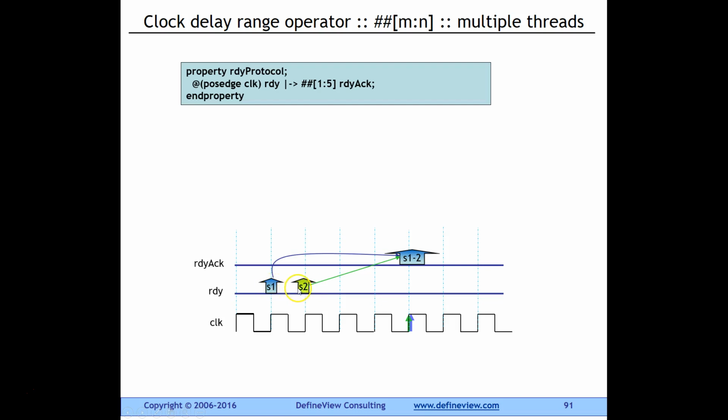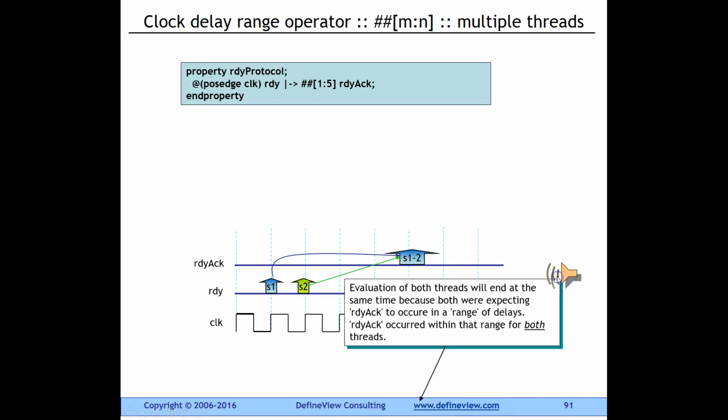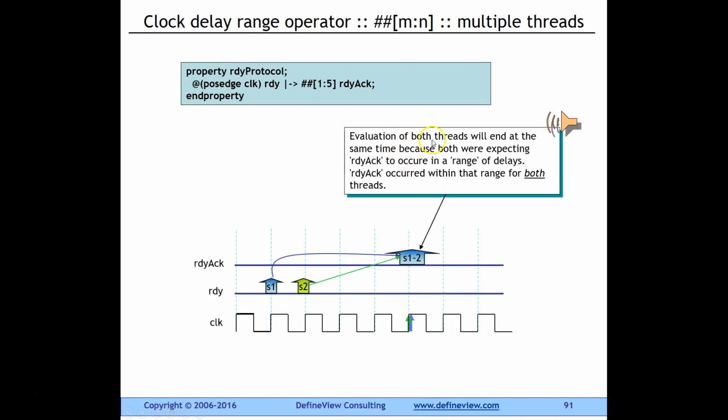This is multi-threading, and this is very important to understand, because what you are getting here could be, not necessarily, but could be a false positive. Evaluation of both threads will end at the same time, because both were expecting ready X to occur in a range of delays. Ready X occurred within that range for both threads.